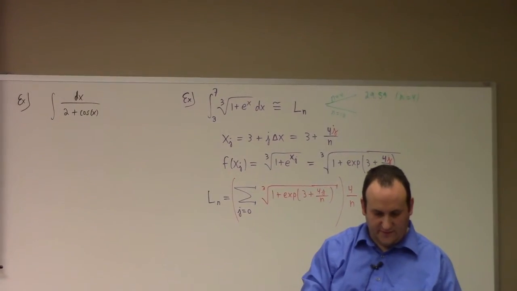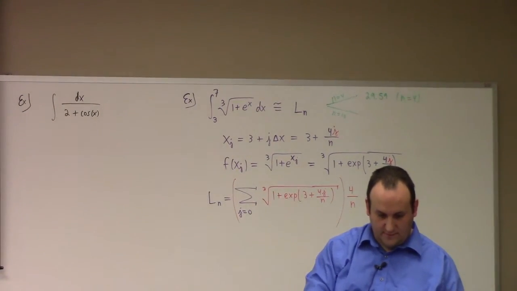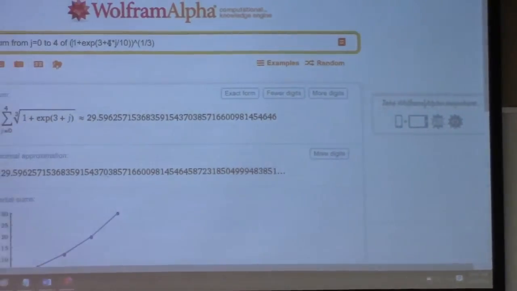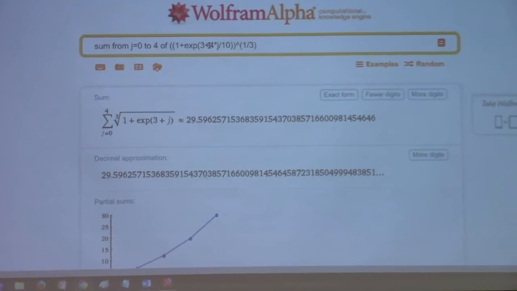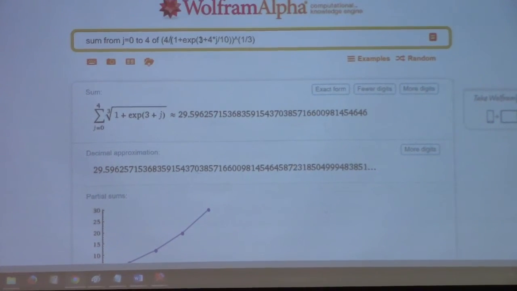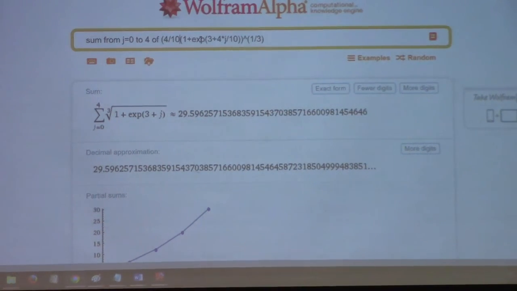I'm going to do 4 times j divided by 10. And that's all times what? Yeah, 4 divided by 10. And j equals 0 to 10, not 10. Oopsie, what should I have done last time? Oh man, that's wrong.